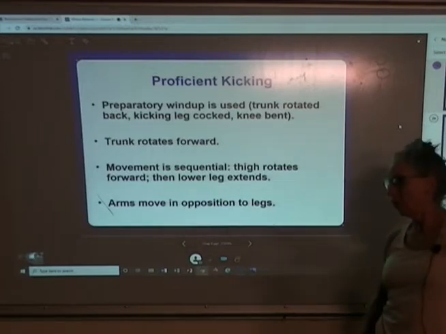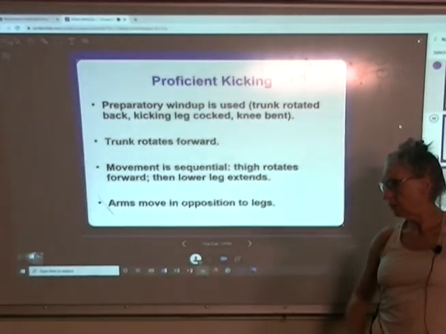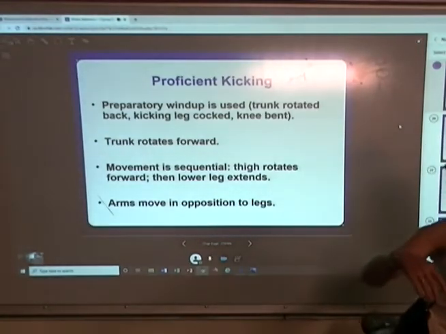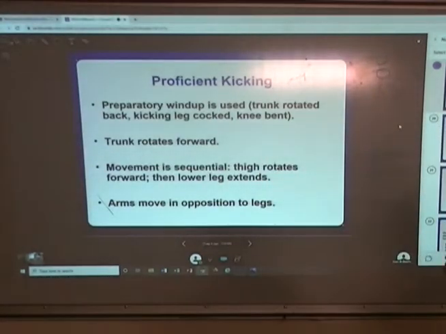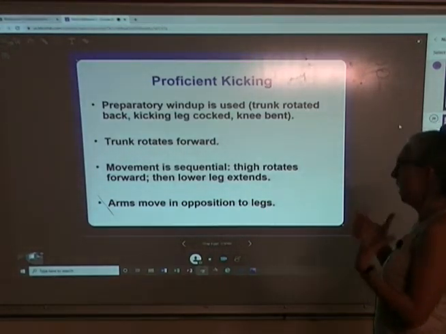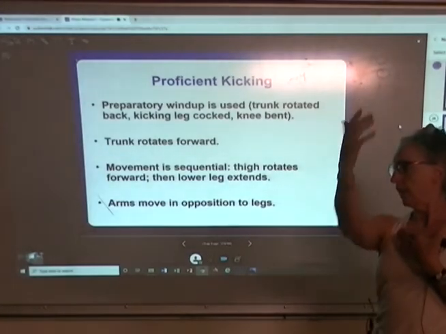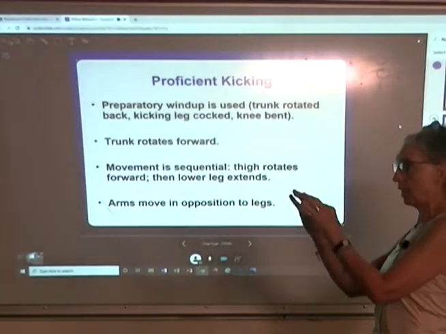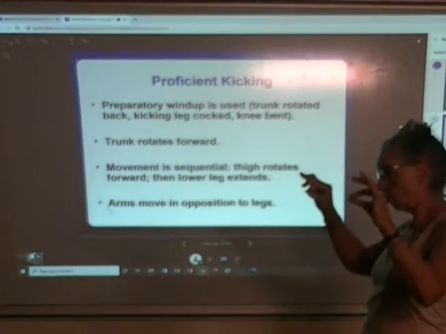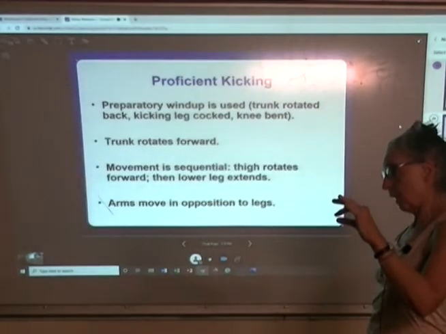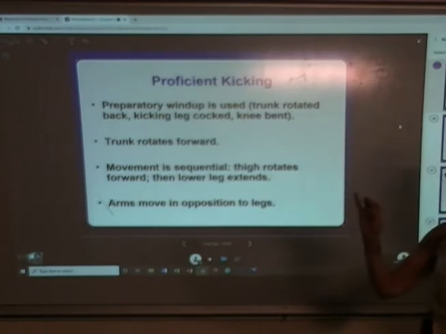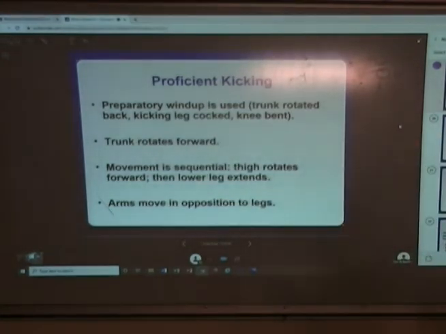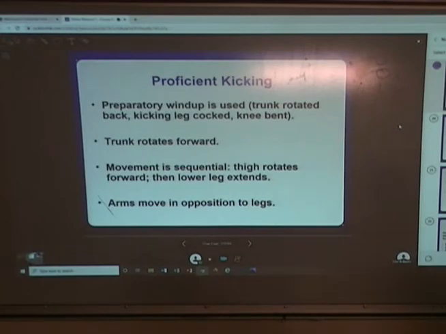That's why soccer players tend to get a lot of groin strains, because they don't stretch enough, and you've got this really big extension to kick the ball hard, okay? The trunk rotates and the thigh moves forward and then the leg will kick. Remember, at the point of contact, foot to ball, that we want that leg as straight as possible, but we want to keep it bent through the swing, and then the timing of straightening it is really important. All right? And the arms should be moving in opposition.